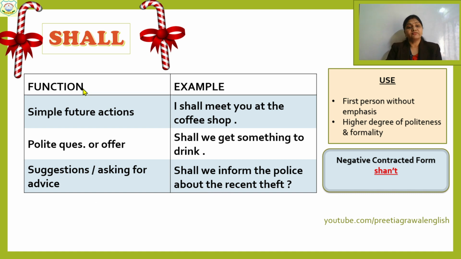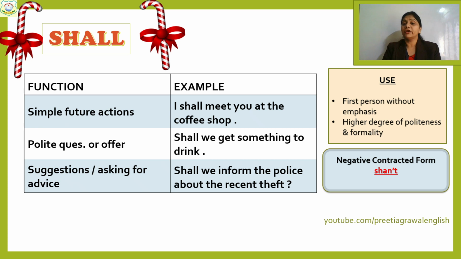Whenever shall is written, it means that you are very polite. Whenever you have to express your politeness, your kindness, you have to use shall. It is used with the first person without emphasis. First person means I, and it can be we also. I is singular, we is plural.